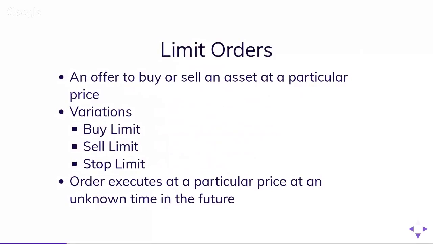And there are a few variations on limit orders. You have buy limit orders, sell limit orders, and stop limit orders. We'll talk about each of these in detail in a moment. But basically, limit orders are offers to buy or sell assets that will execute at a particular price at an unknown time in the future.